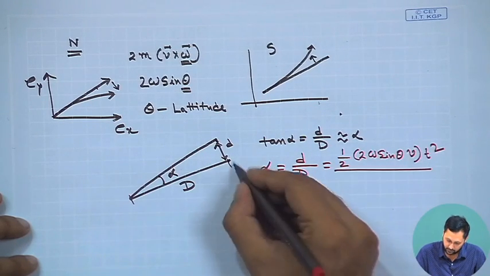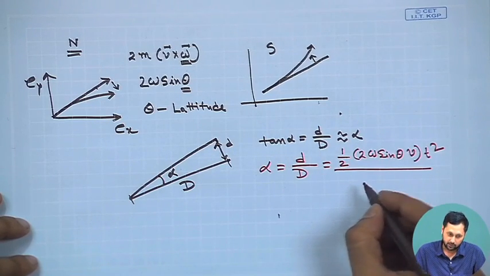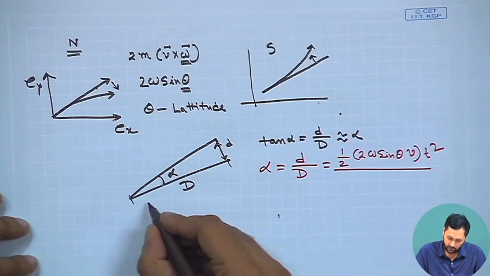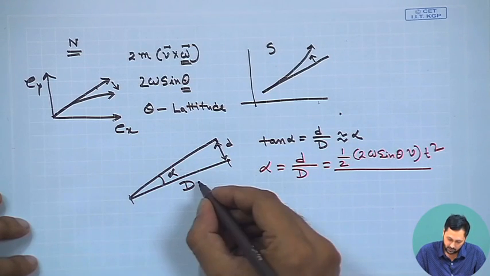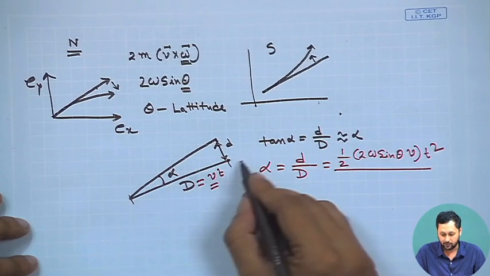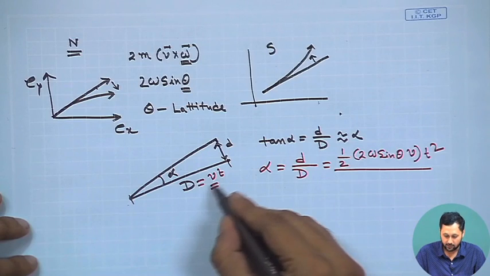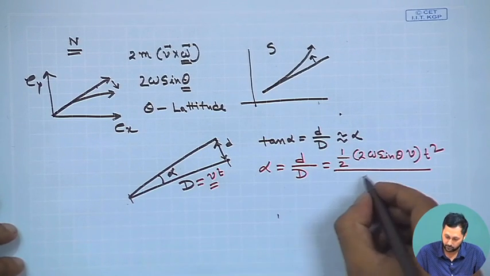This is the deviation in the perpendicular direction, and the original velocity was v, and if it has travelled for a time t, then d is equal to v t, assuming that there is no acceleration or deceleration in this direction. So, v is a uniform velocity we can take.